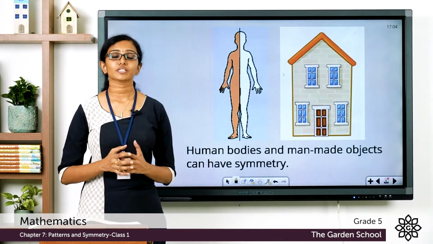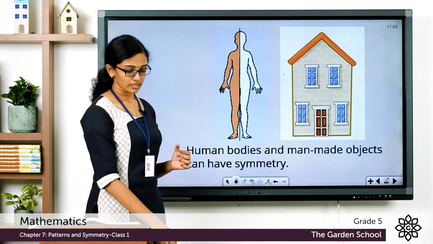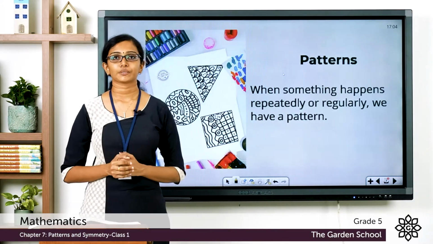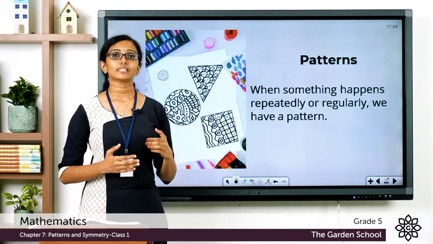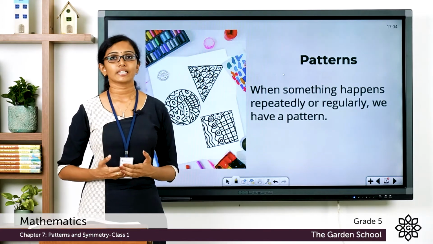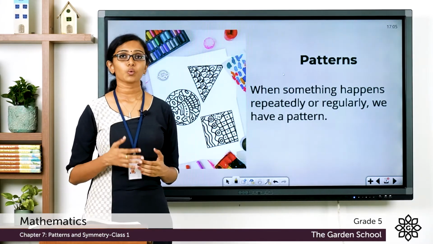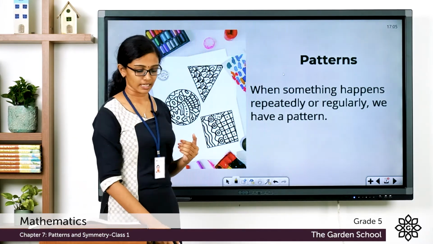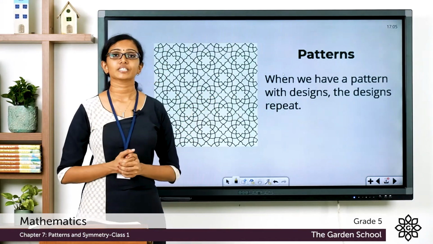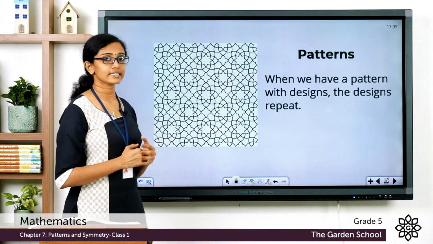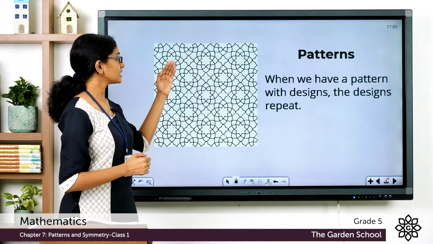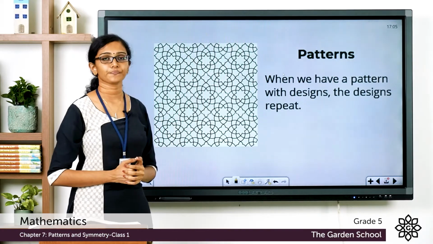So we saw the basics of symmetry. Now we'll talk about patterns. Generally, when something is happening repeatedly or regularly, we say we have a pattern. And when we talk about a pattern of designs, the designs repeat. Here is a simple example. You can see the designs repeat to form a pattern.